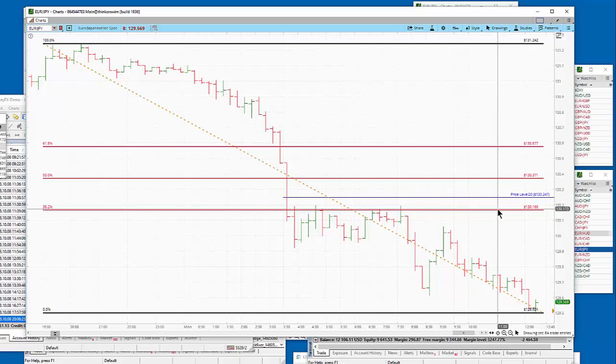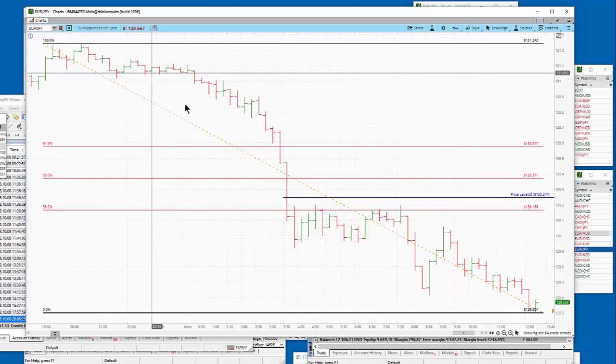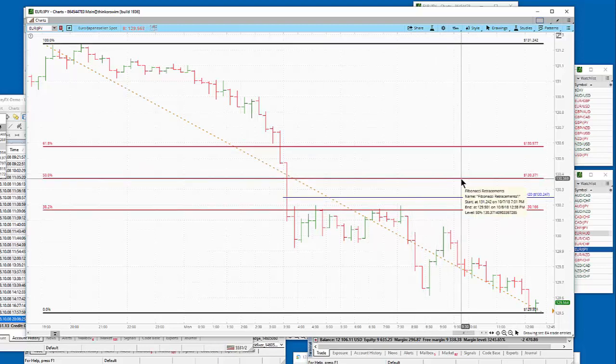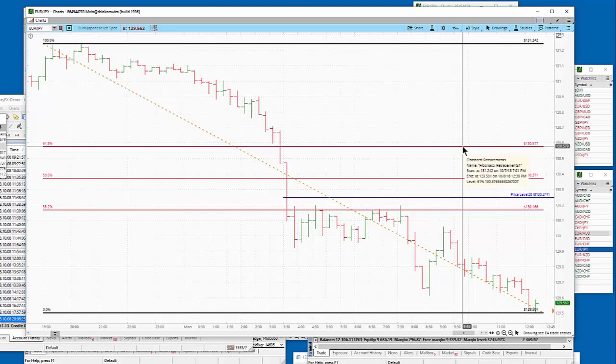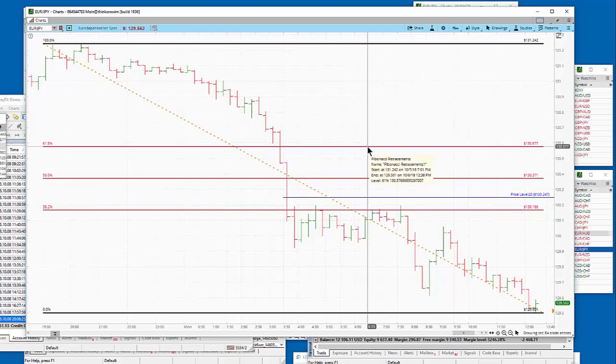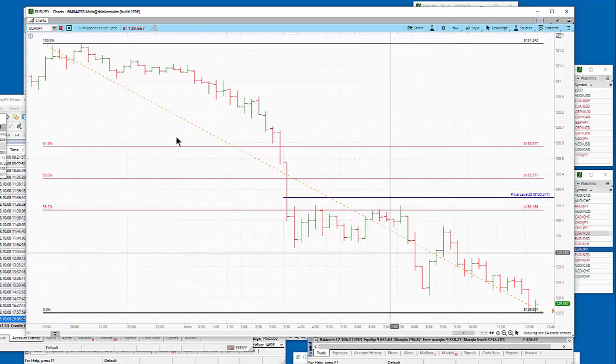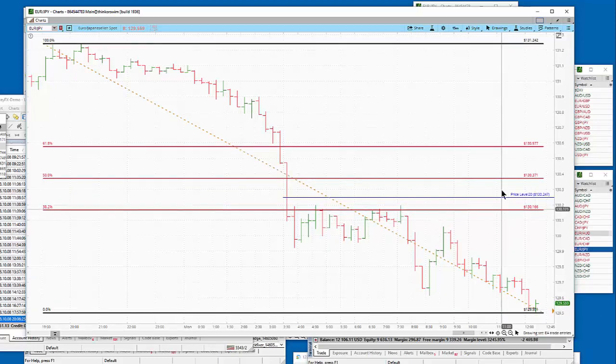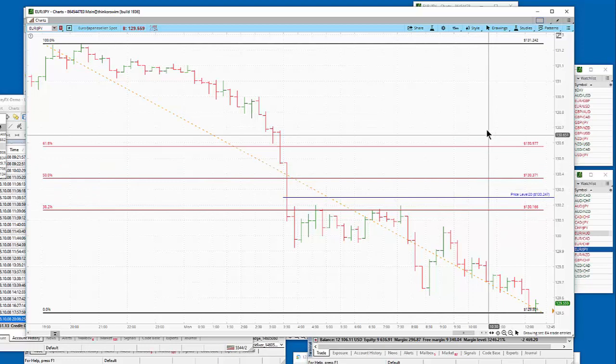The first line would be a 38.2 retracement of the move down. The middle line would be a 50% retracement. And the top line would be a 62 percent retracement of the move down. So a retracement move for today could possibly come somewhere between these three lines.